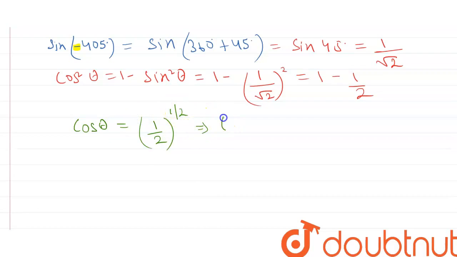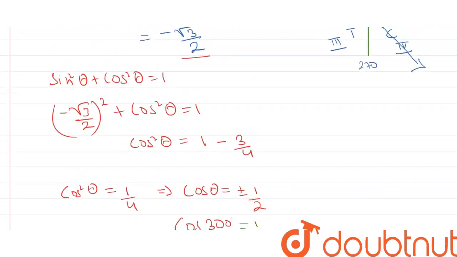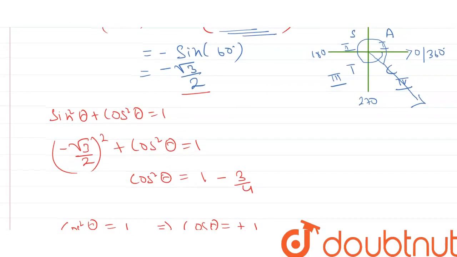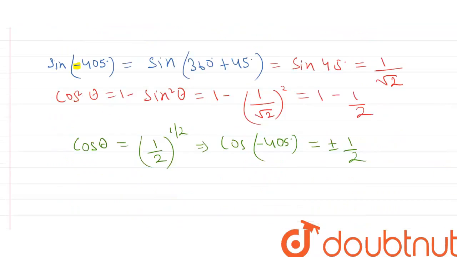This implies the value of cos minus 405 comes out to be plus minus 1 upon root 2. But first of all, we have to check that minus 405 lies in the fourth quadrant, and in the fourth quadrant the value of the cos function is positive. So we have cos minus 405 coming out as 1 upon root 2.